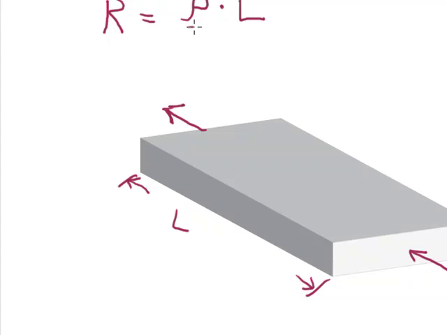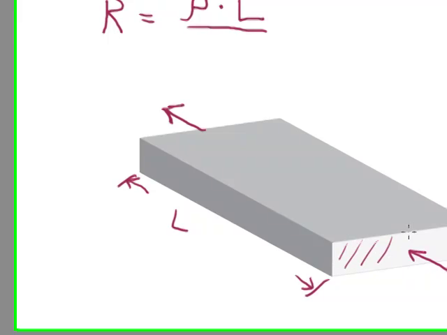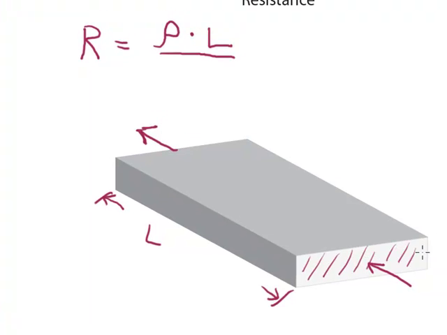Then think about the cross-sectional area of this device. In this case it's rectangular, but it could be circular or some other shape. If you had a wire, you might expect a circular cross-section, but in this case it's a rectangle.